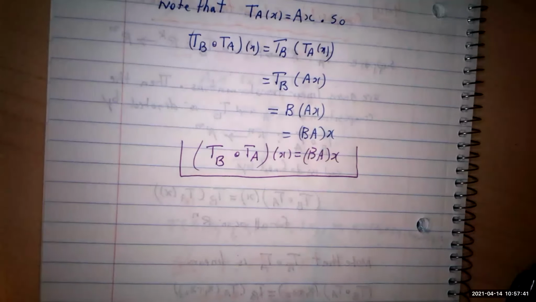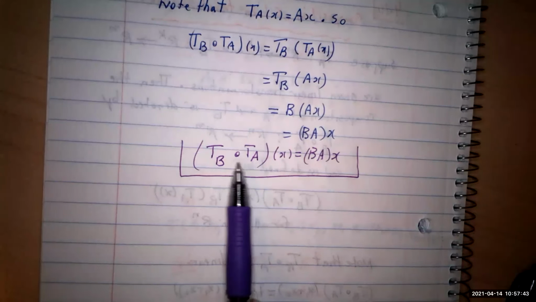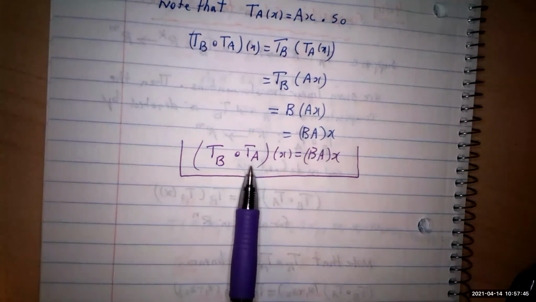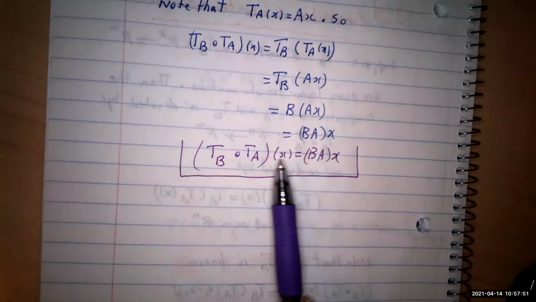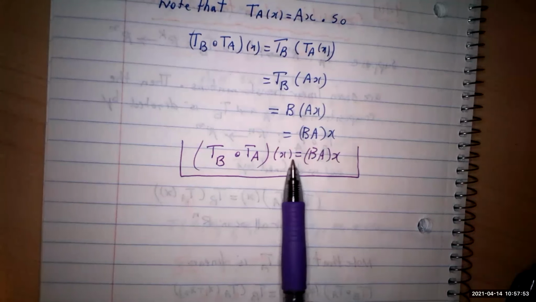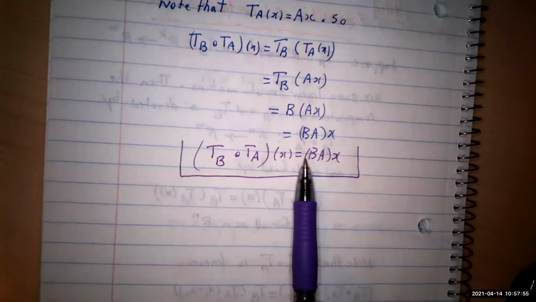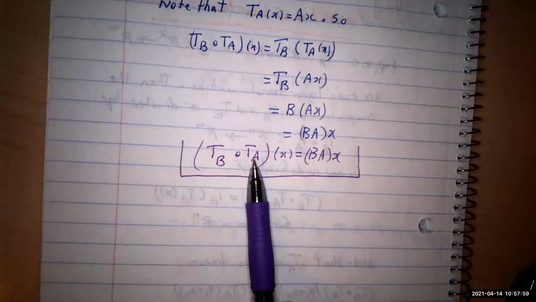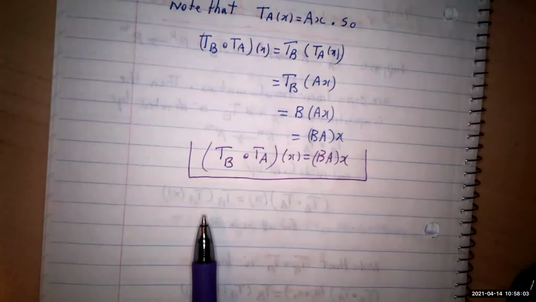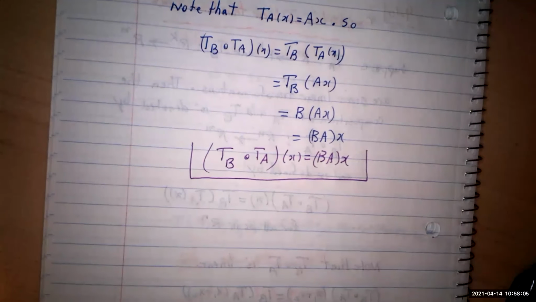So the composition of two linear transformations corresponds to the multiplication of their corresponding matrices, because the associated matrix is B, and the associated matrix is A. So instead of writing the formula in that format, we can write it down quickly and get those numbers.